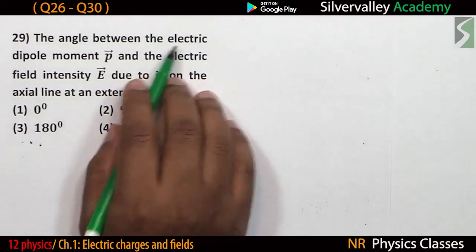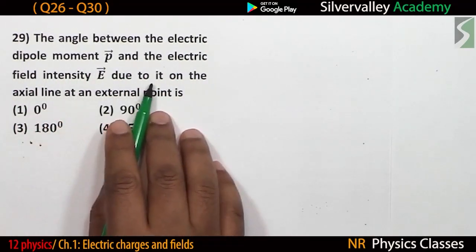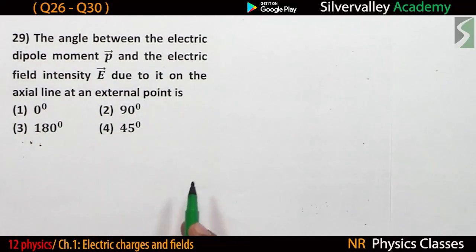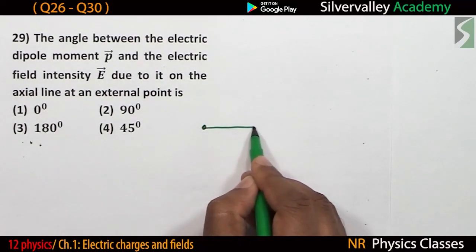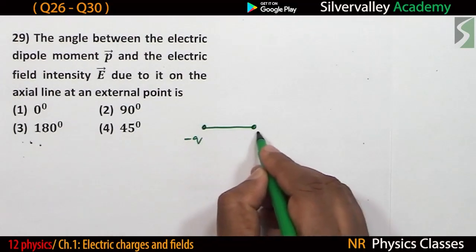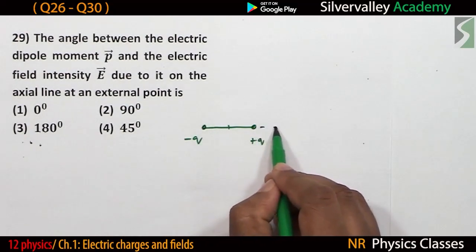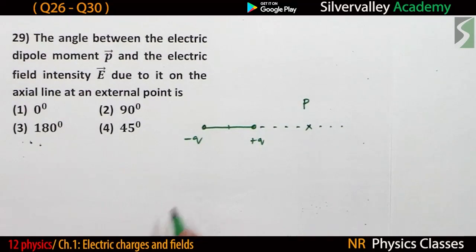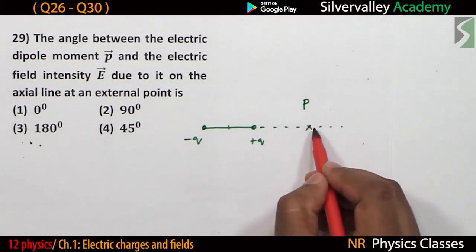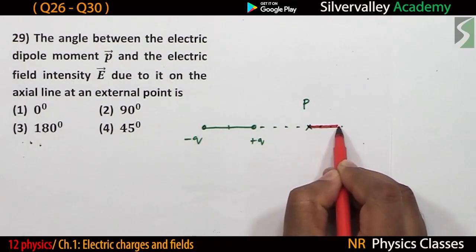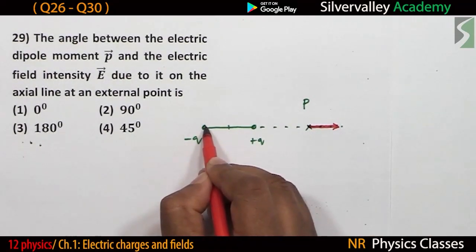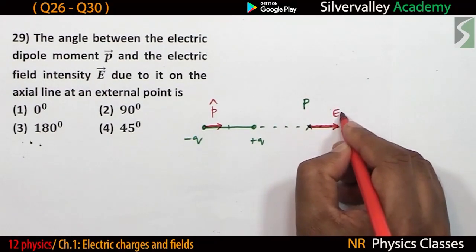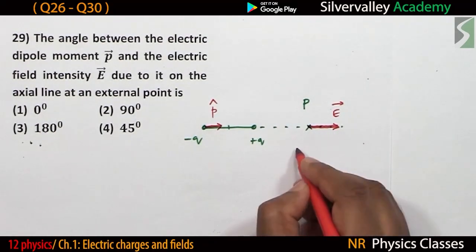If this is a dipole with minus Q and plus Q, consider the electric field at a point on the axis, let this be point P. The direction of the electric field at this point is, the direction of the dipole moment is, see, the angle between P cap and the electric field is 0. So theta equals 0.